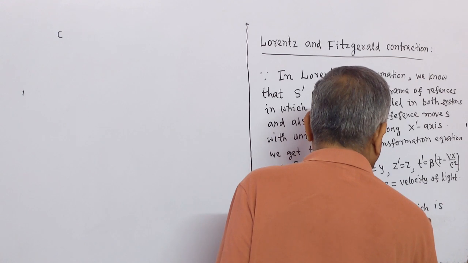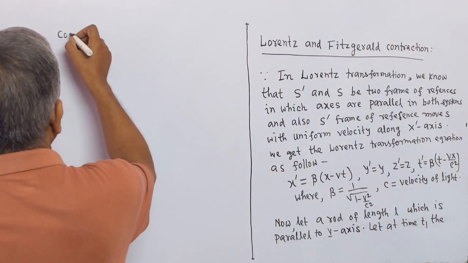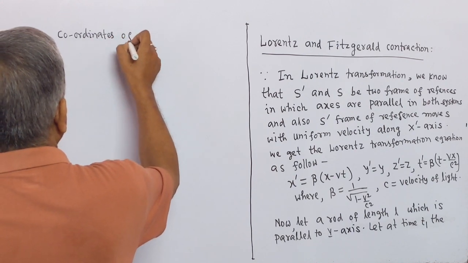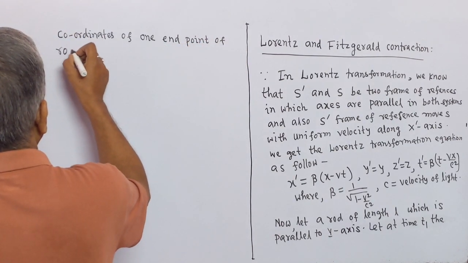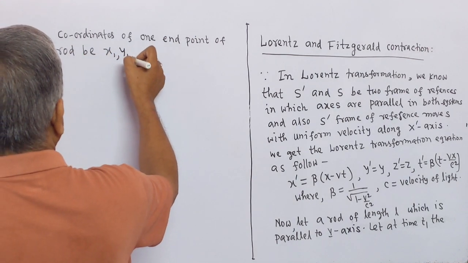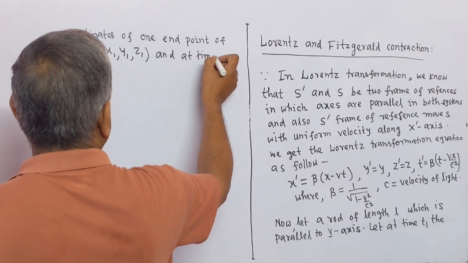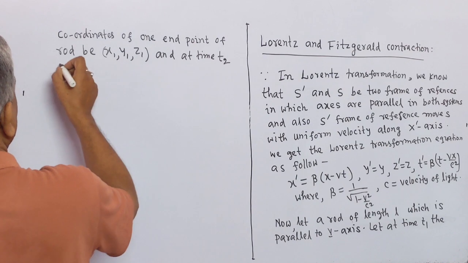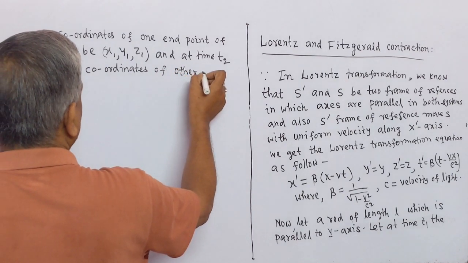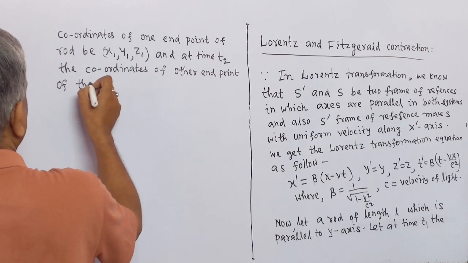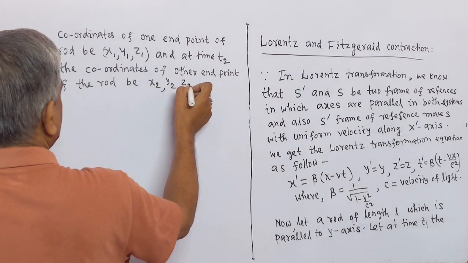Let at time t1 the coordinates of one endpoint of rod be x1, y1, z1 and at time t2 the coordinates of other endpoint of the rod be x2, y2, z2.